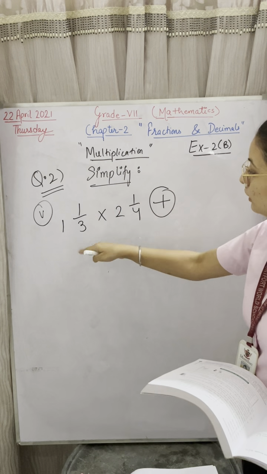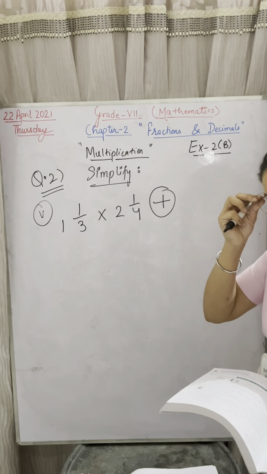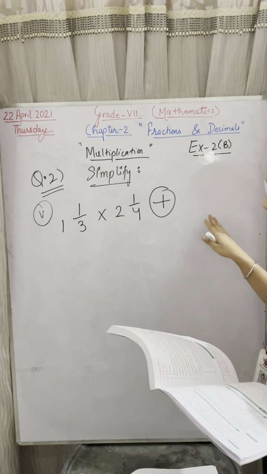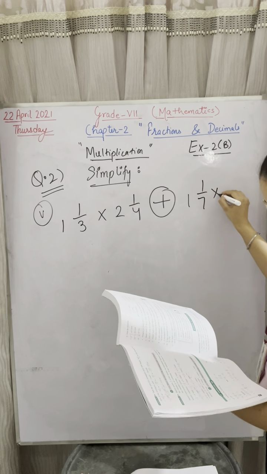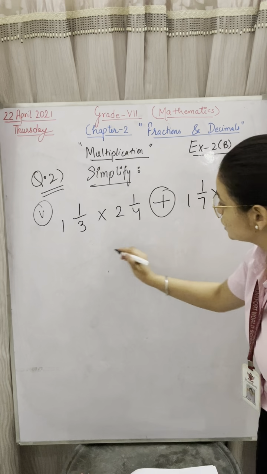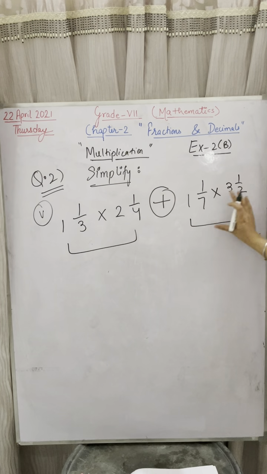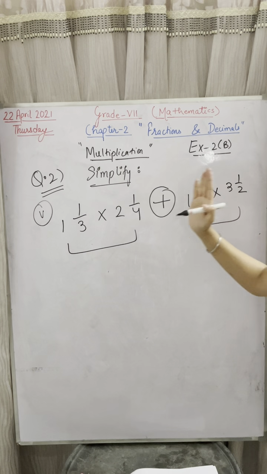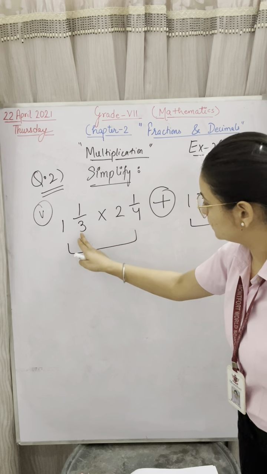There can be only multiplication, there can be multiplication and addition, there can be addition, subtraction, anything. They can give you in simplification 1 by 7 multiply by 3 1 by 2. So according to the BODMAS rule, you have to multiply these two fractions and multiply these two fractions. Whatever the answer will be, you have to add.